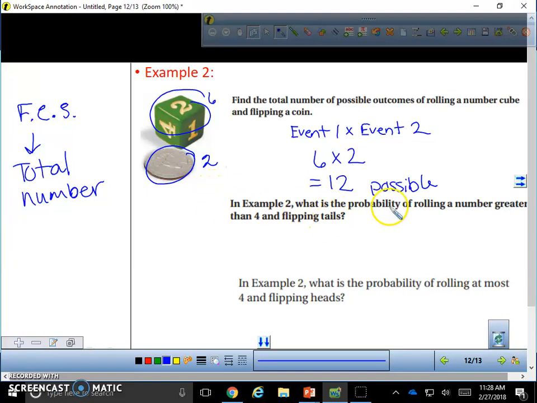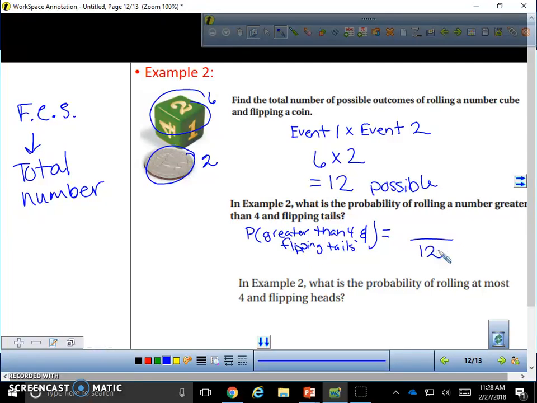All right, what is the probability of rolling a number greater than 4 and flipping tails? So, probability of greater than 4 and flipping tails equals, what are the total number of possible outcomes? 12.